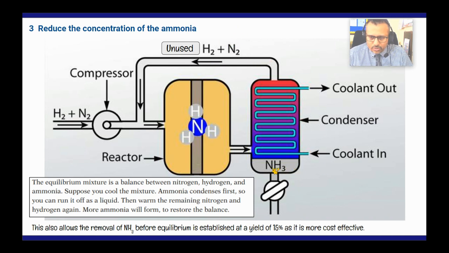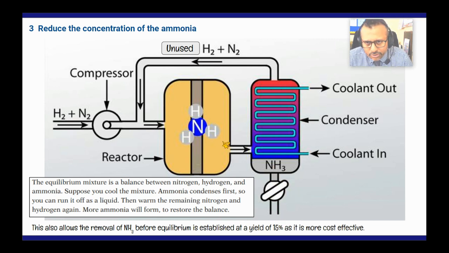The ammonia cools down to form a liquid first because it has a higher boiling point. The ones with the lower boiling point will take a lower temperature to turn back into a liquid. So you allow all of it to go through, and you cool it down. You then hit the boiling point of ammonia first. The ammonia forms a liquid, and you can then transfer that to another part and withdraw it completely.